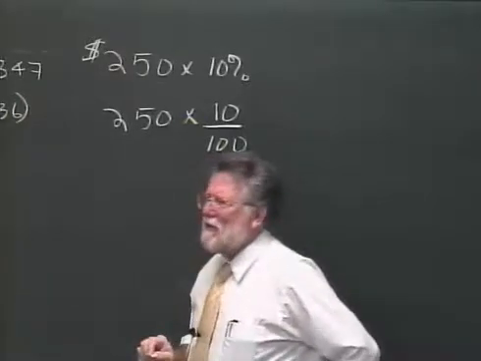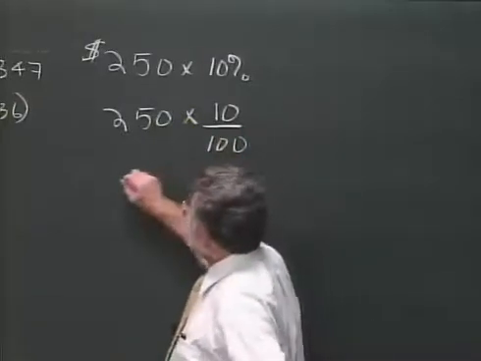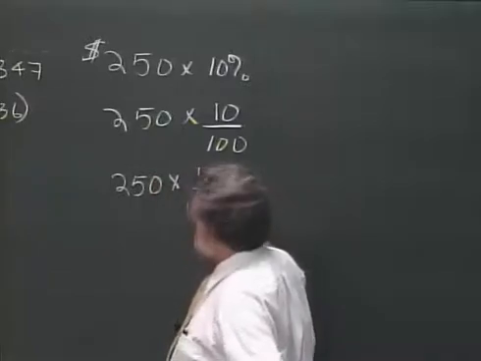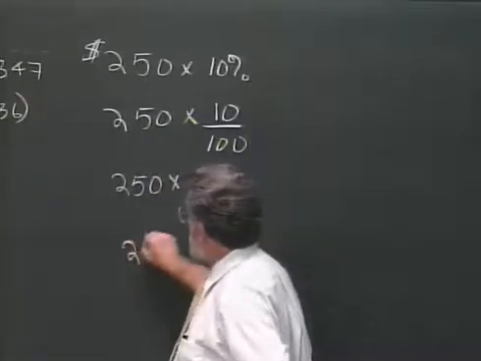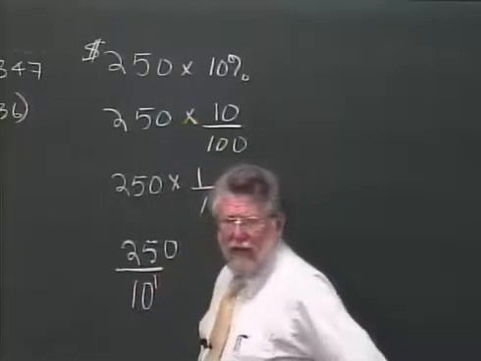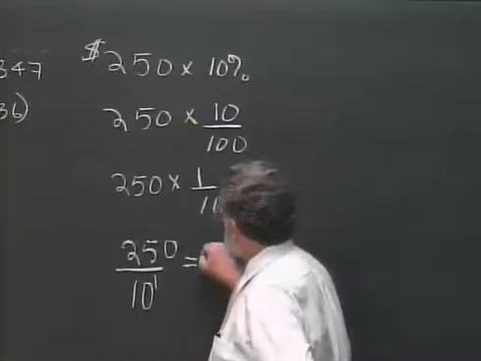I'll get to the answer in the book in just a moment. My question is, 10 over 100 becomes what? 1 over 10, correct? So this says you have 250 over 10 to the first, and you always move the decimal to the left when you divide by a power of 10. So this just becomes $25.